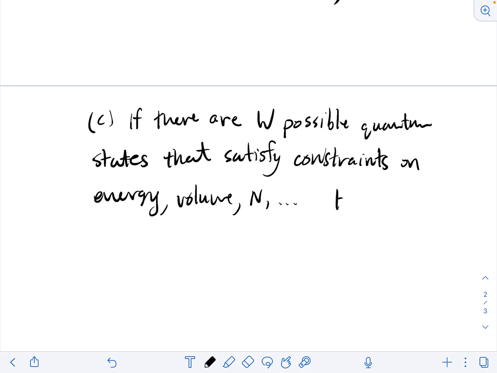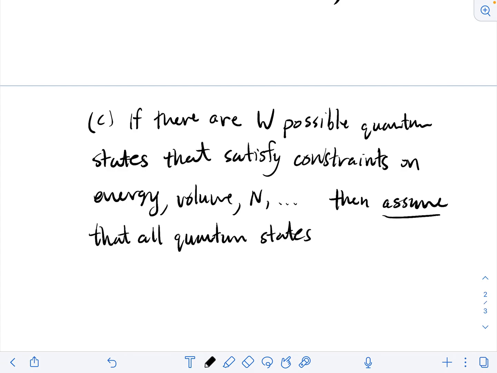If we have W of these quantum states, then we're going to assume that all quantum states are equally likely.